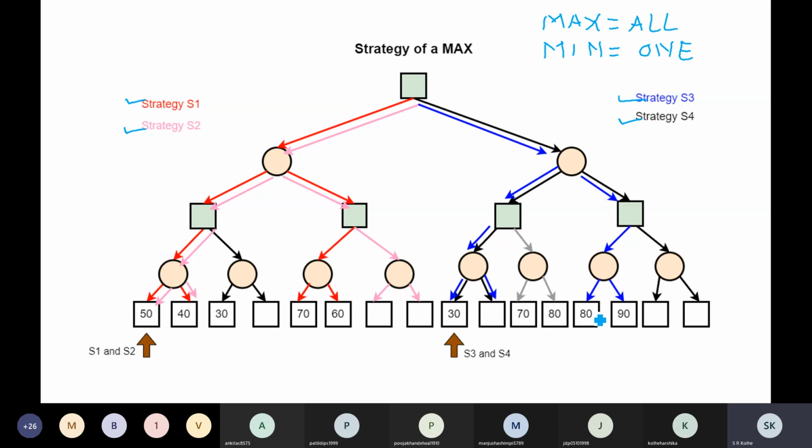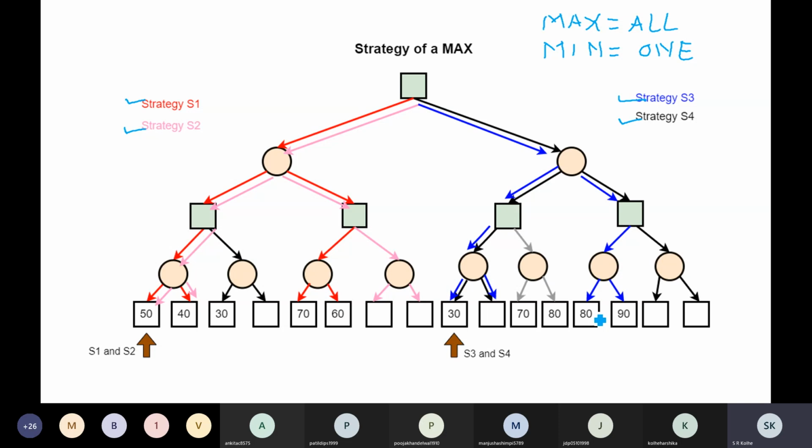Again, repeat. Sir, we select 40 and 50 both. Why? Why do we select 40 and 50 both? That means the left one.